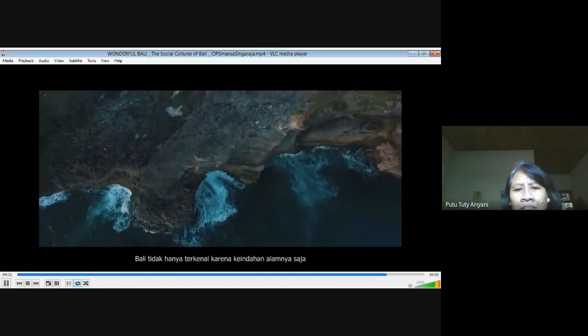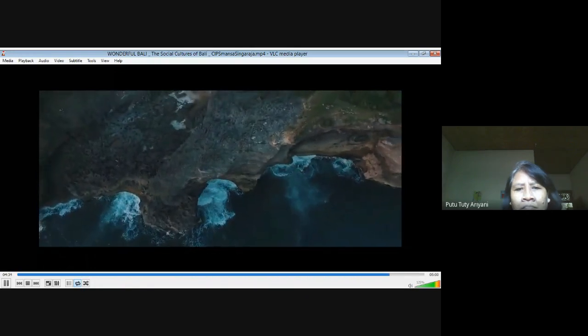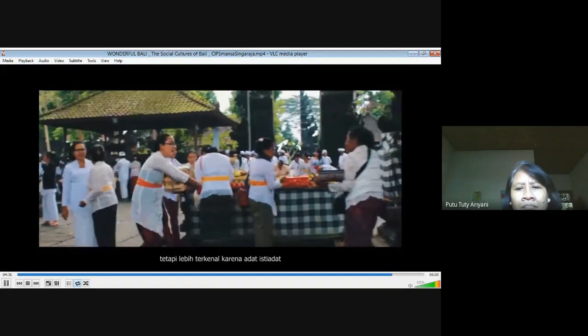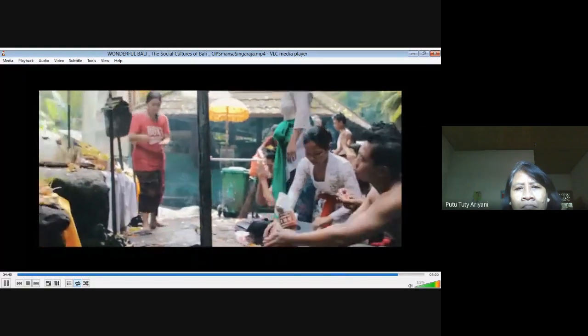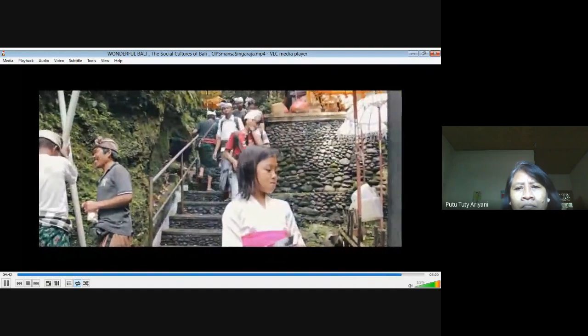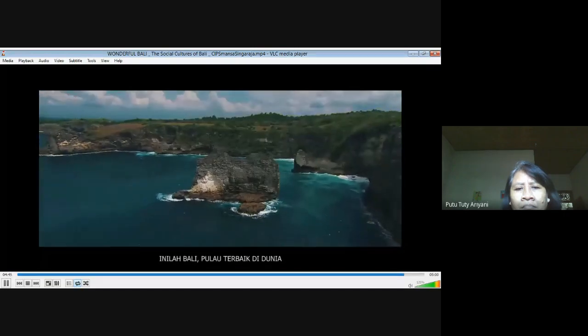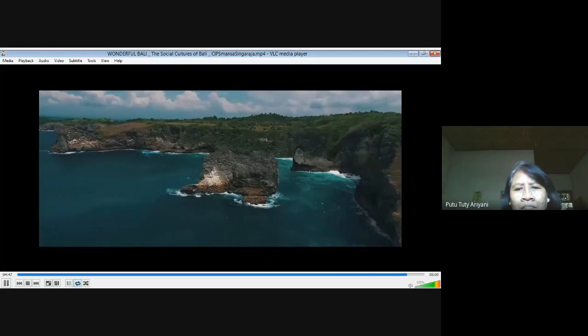Bali is not famous for its natural beauties only, but also because of the distinctive social cultures of the Balinese people. This is Bali, the best island in the world.